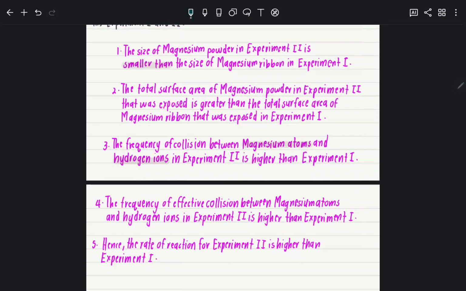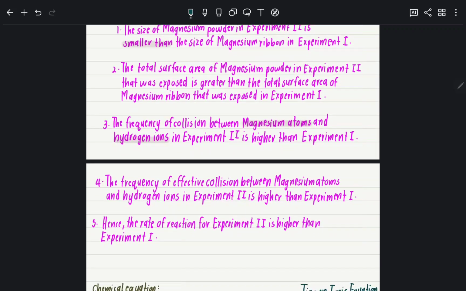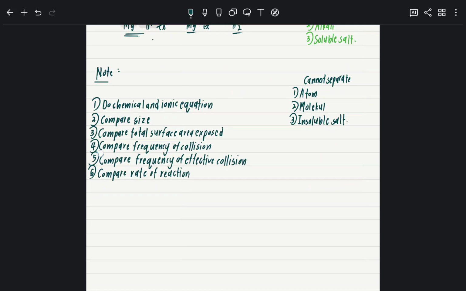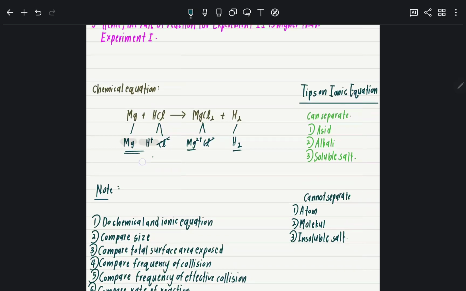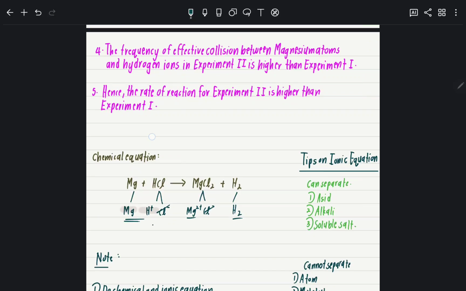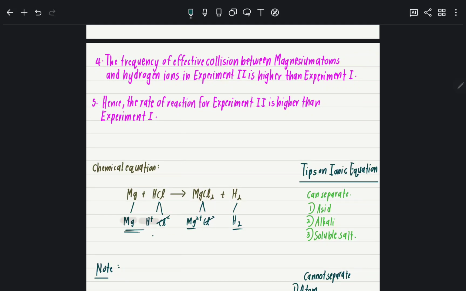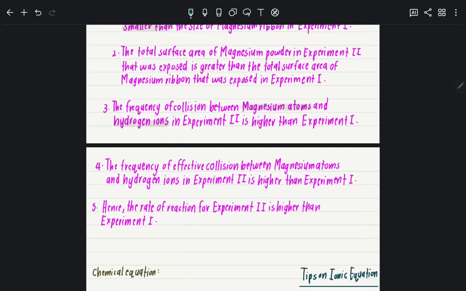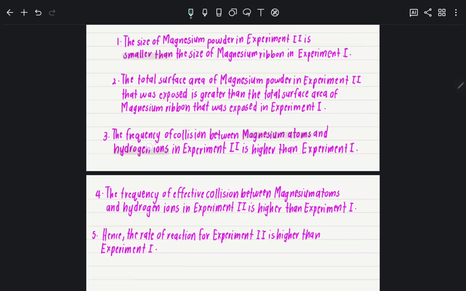Another thing, you will see some schemes put sentence number 5 as the first sentence, then sentence number 1 as sentence number 2, then number 3, 4, 5. It's just the same, no problem, but I usually suggest you do it like this: state the rate of reaction in the final sentence, don't state it at the top. But some schemes do state it at the top. Whether you put it at the top or bottom, number 5 is just the same. But the others you cannot change the position. It is a fixed position.